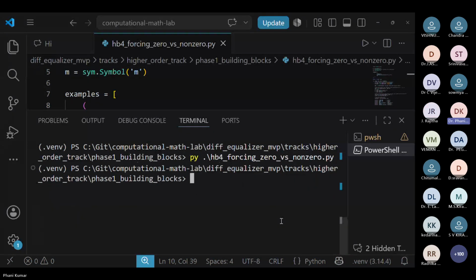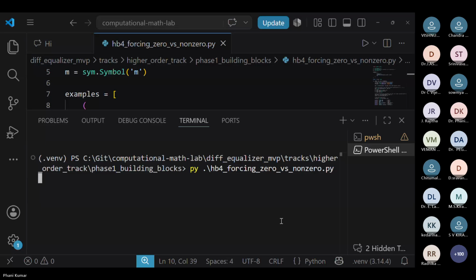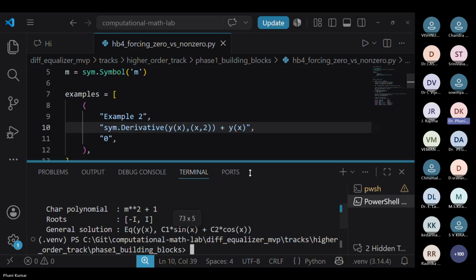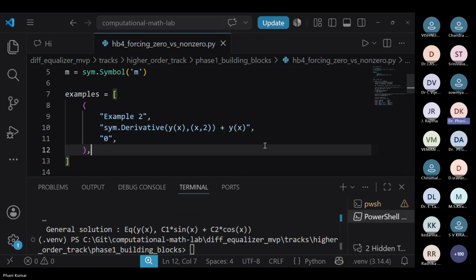Then I'm running the program. See here. So m square plus 1 is equal to 0. That is the homogeneous equation. So we are having the complex roots. What are the complex roots? Minus i and plus i. What is the general solution? C1 sin x plus C2 cos x. Right.